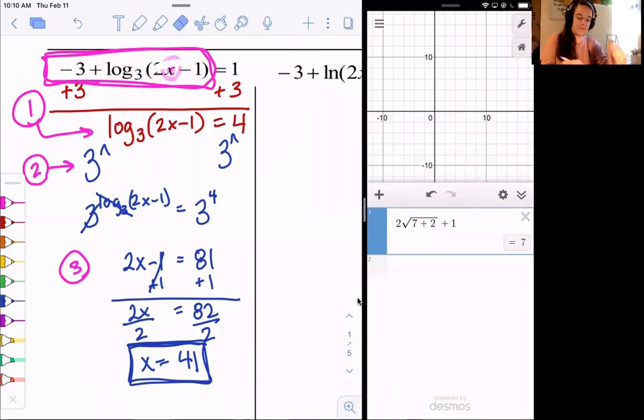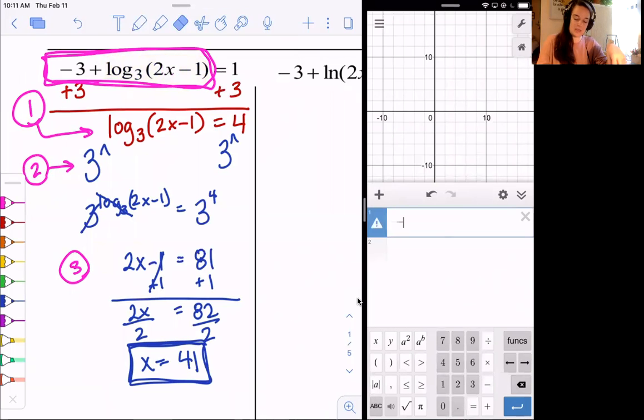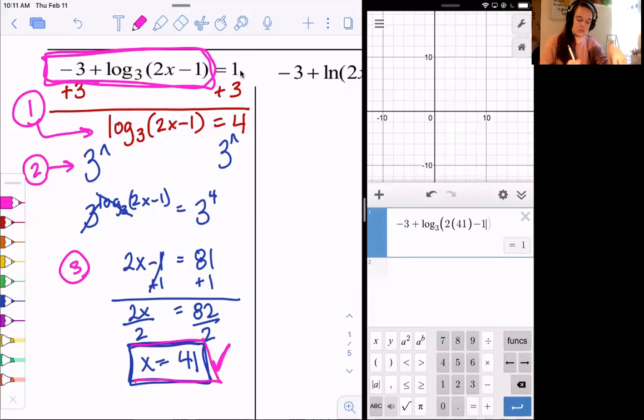Okay, so I'm going to type in -3 plus log base 3 of 2 times 41 minus 1. And I get my answer of 1, which is good because it should equal 1, right? So I see that this is correct. So I know that this is a checked solution. This is a true solution for this problem.